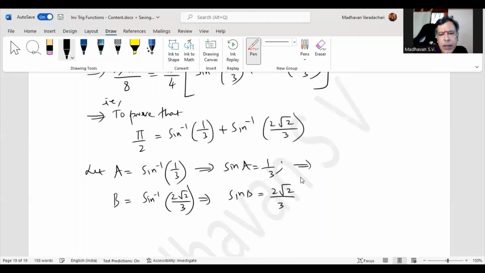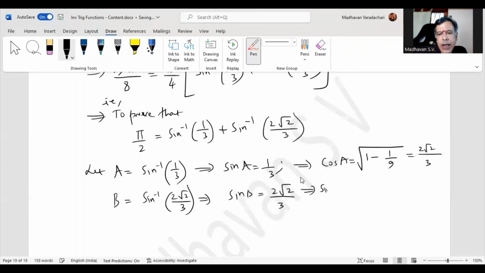So from here, I can arrive at cos A. Cos A is nothing but the square root of 1 minus sine square A, which means 1 minus 1 square by 3 square, 1 by 9, so it is actually root of 8 by 9. Root of 8 is 2 root 2. Root of 9 is 3.